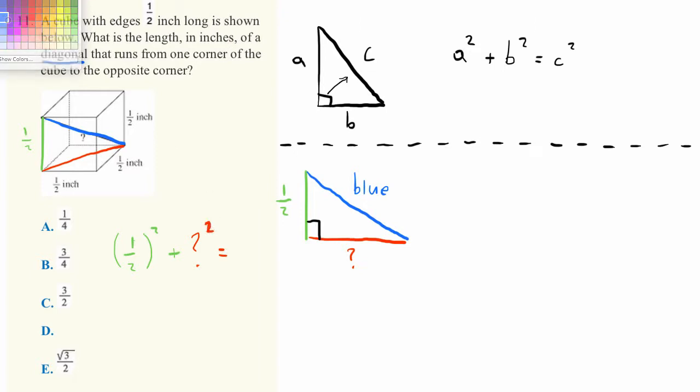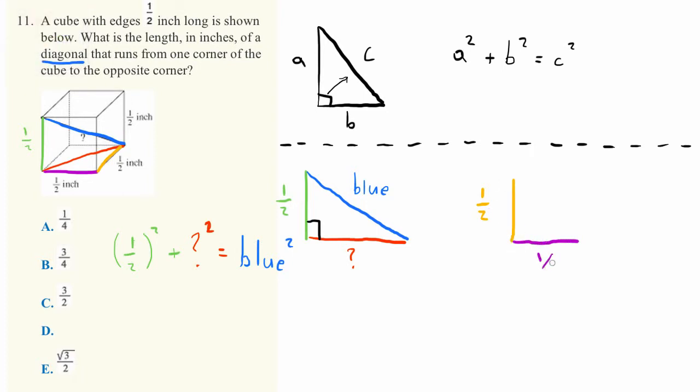We're one step closer to our goal, but we still need to figure out the length of red. It turns out red is decomposed into a right triangle as well, one where we know both of the sides. So let me redraw this triangle over here. We have a side here that's 1/2 of an inch, and a side on the base that's also 1/2 of an inch.